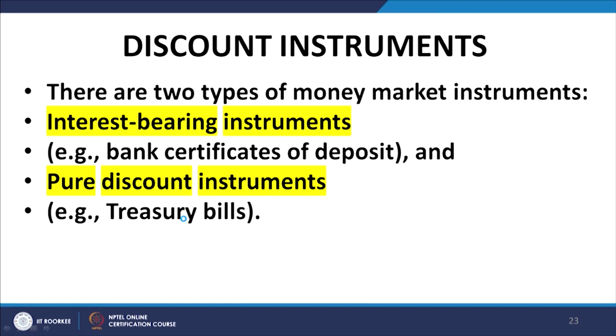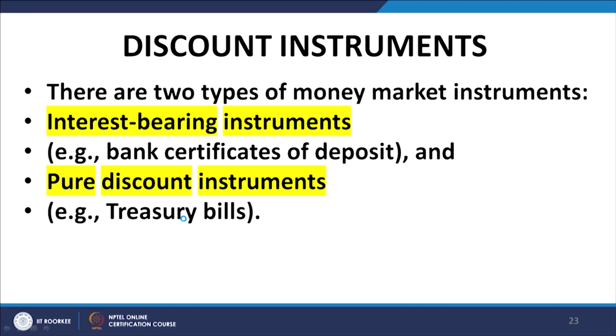And the other is the traditional instrument, which is issued at face value and then redeemed at face value or above, that is at face value plus the interest for the period of issue.